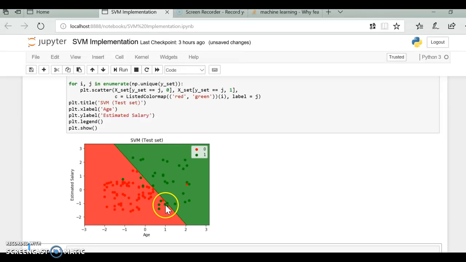There are a few incorrect predictions here where people who tend to buy a SUV are classified on the other side. Still, this is very close to that linear line, and we see that the age is high and the estimated salary is low. That could be one of the reasons why it's lying on the flip side.